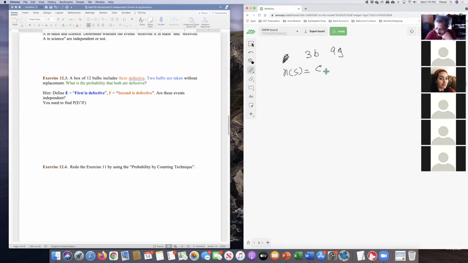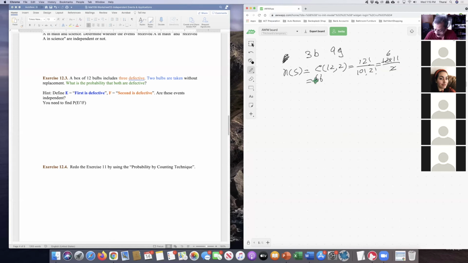So C 12 2, over 10 factorial times 2 factorial, equal to 12 times 11 over 2, so 66. That's the number of elements in the sample space.